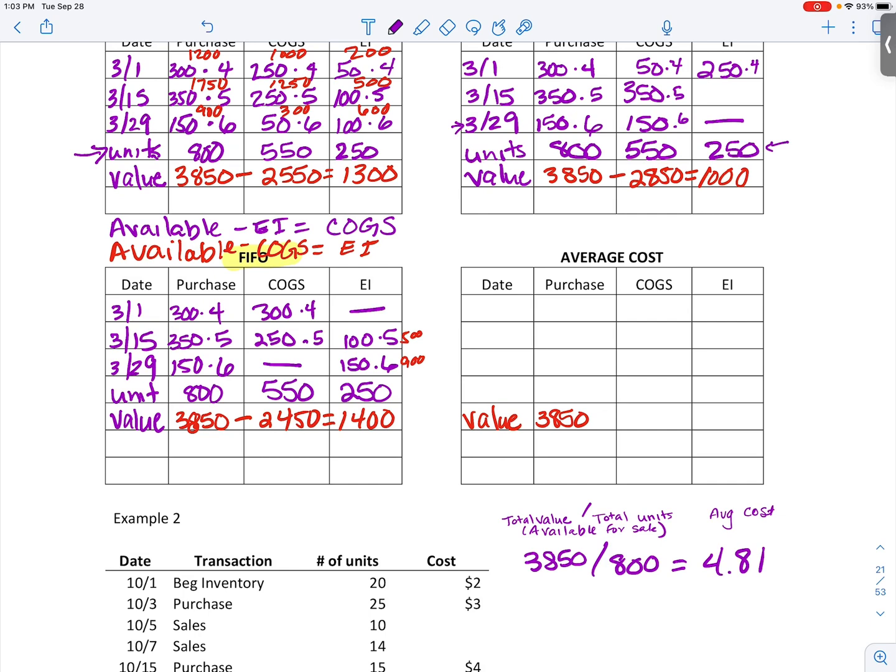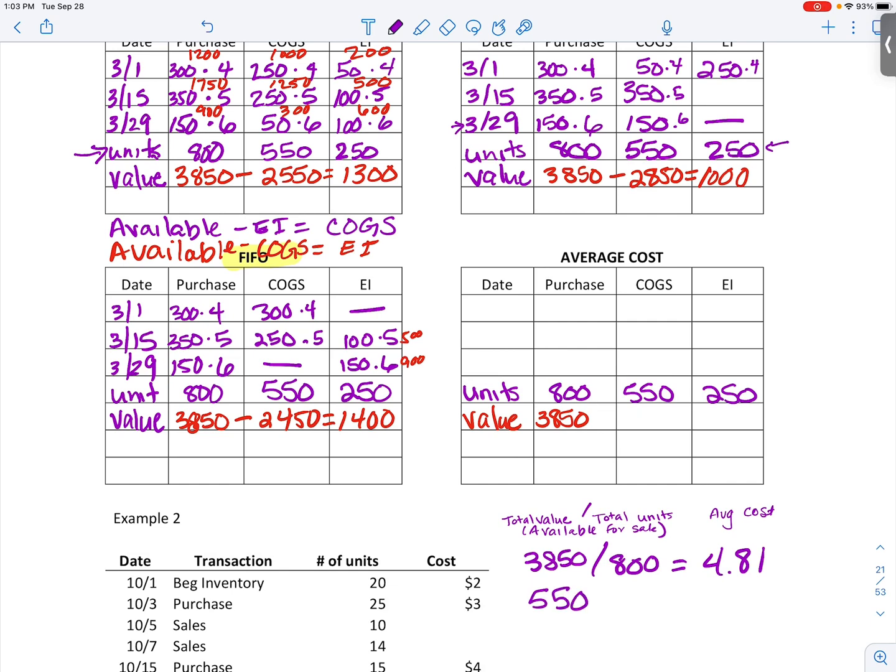So now we know that we're going to go to our units that we had before, 800, 550, and 250. And we're going to multiply by our average cost per unit.